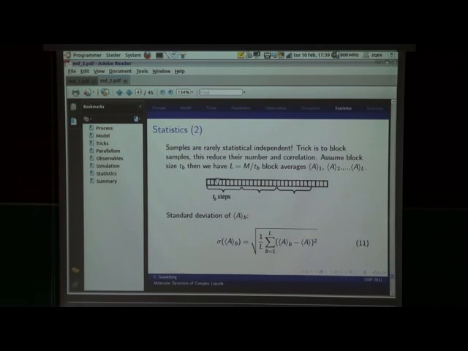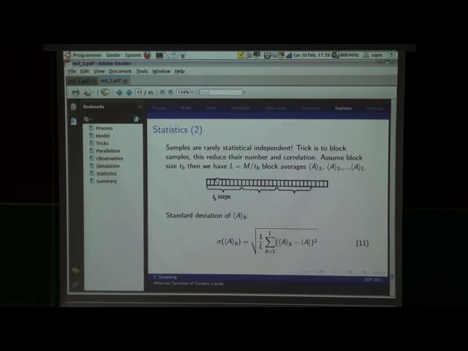So the way to treat this is to block subsequent configurations to make block averages. Instead of having 500 configurations, maybe you block 10 configurations and produce 50 different estimates for the block average.